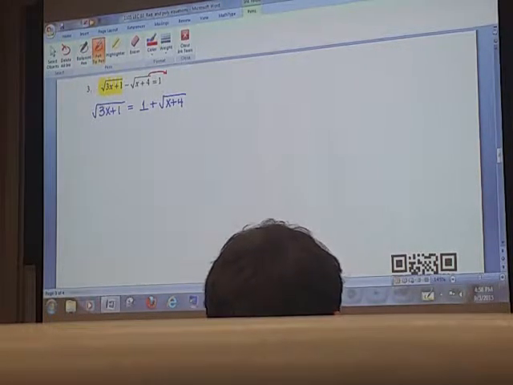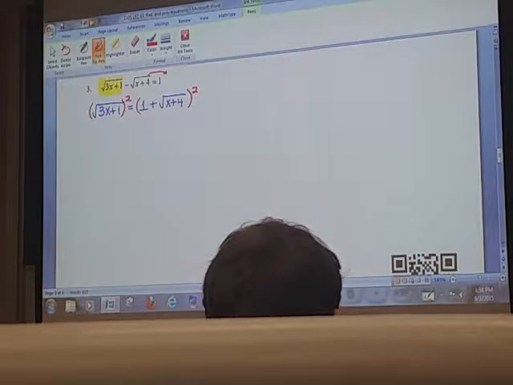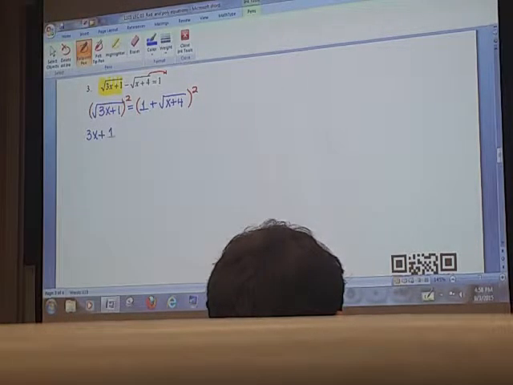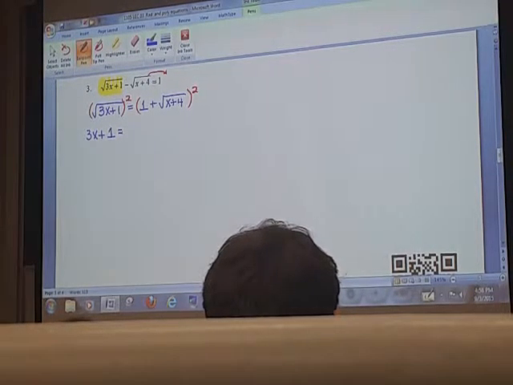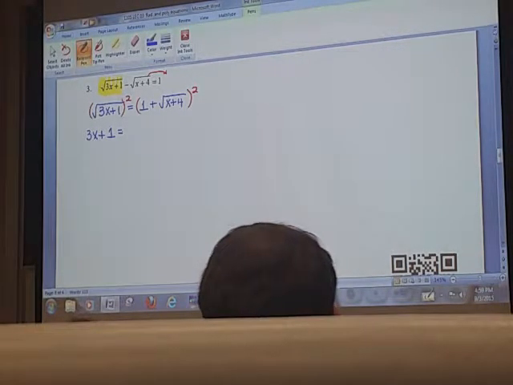I'm going to wrap this and I'm going to square it. So I square over here, and I get 3x plus 1. Now, I can use a little trick I've been showing you to square here, and it works just like it did before, but you're not going to like it.